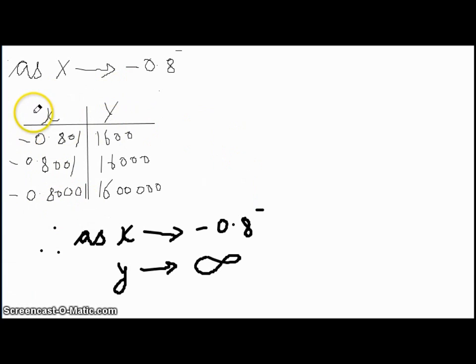Again, we sub in these x values and we get y values of 1600, 16,000, and 1,600,000. So, as x approaches -0.8 from the left side, our negative x-axis, y approaches positive infinity.